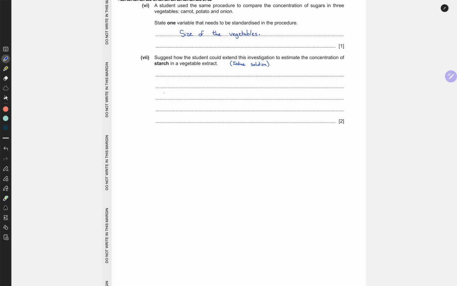So to test for the concentration of starch in a vegetable extract, use at least 5 different starch solutions. Starch concentration, sorry.